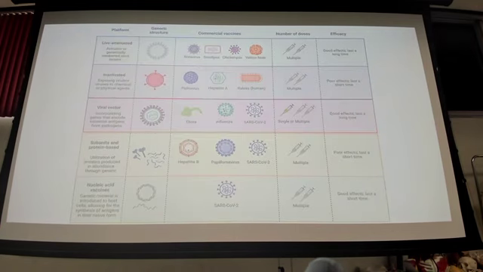With this summary table, you don't have to memorize it, but the only column that really gives you anything new is the column on the right that tells you about the efficacy. So take a look at that at some point and make sure it makes sense to you. Subunit protein-based vaccines, as I said, are relatively poor. They might not last a long time, and you might need frequent boosters to sustain that immunological memory.